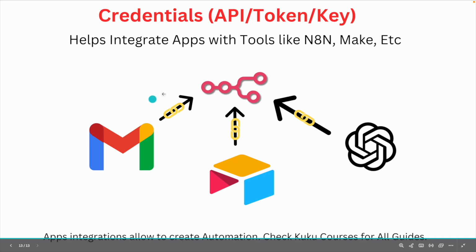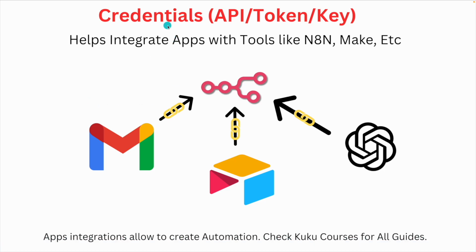Okay, hey guys, now we are going to talk about credentials. Sometimes they are called an API, a token, or a key. My dear friends, in the market there are plenty of applications: maybe Google Drive, Gmail, PowerPoint, Airtable, Google Sheets, ChatGPT. On the internet there are plenty of different apps.